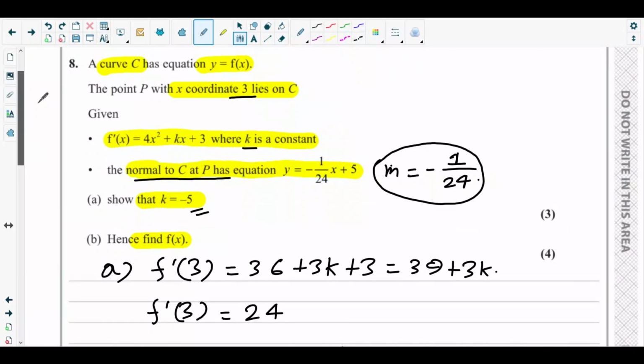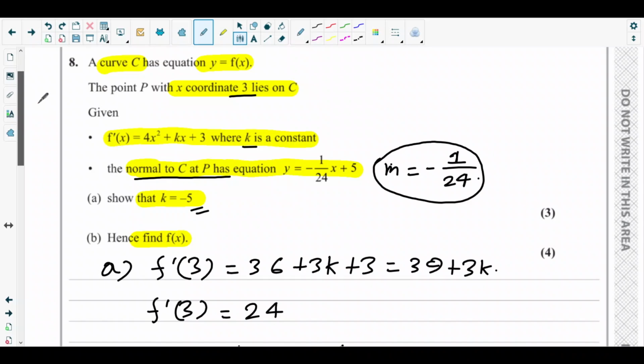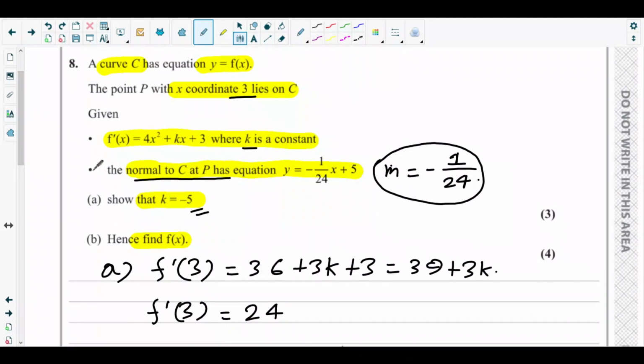How can we find out the value for c? The equation of the normal is known to us, right? This is y equals negative 1/24 x plus 5. We only know the x coordinate of point P, but since the equation of the normal to the curve C at P is known, we can use this equation to figure out the y coordinate of point P, because point P lies on this normal also.